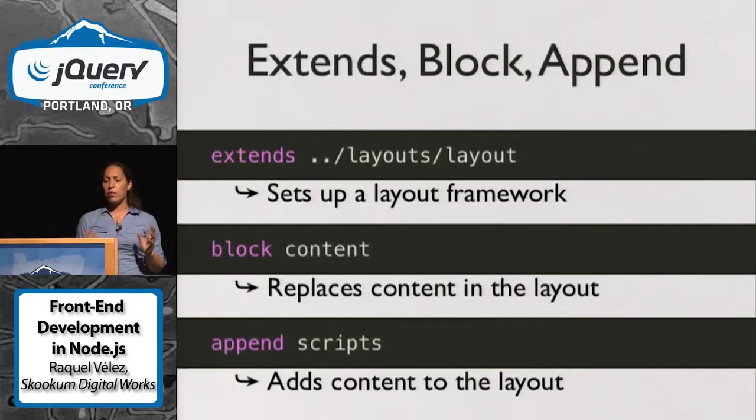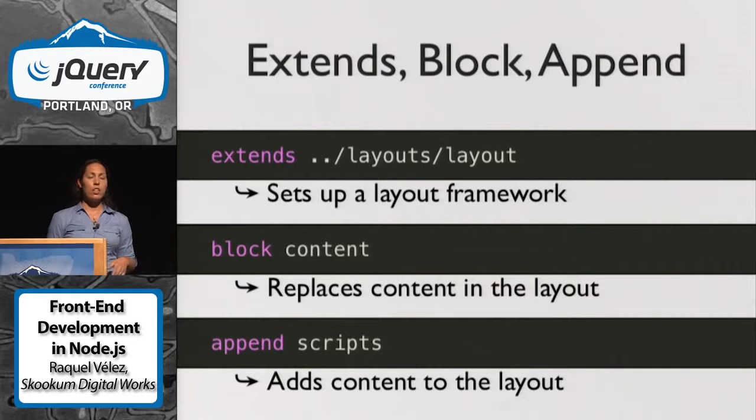Then there's some more really great pieces of Jade: extends, blocks, and append. The idea behind this is every single page in your app probably shares the exact same header data, probably shares most of the same script data, and the only thing that changes is your content, right?